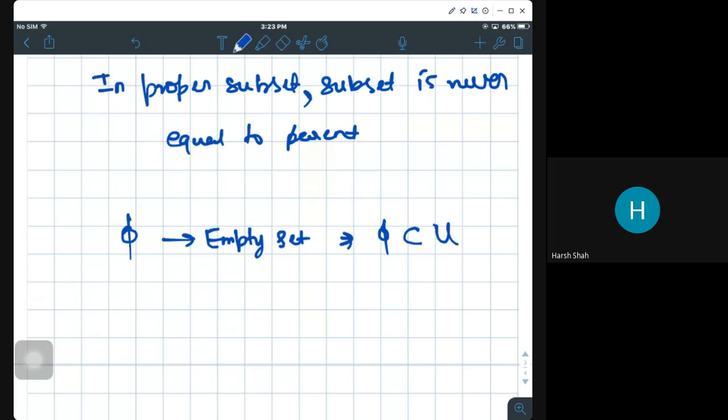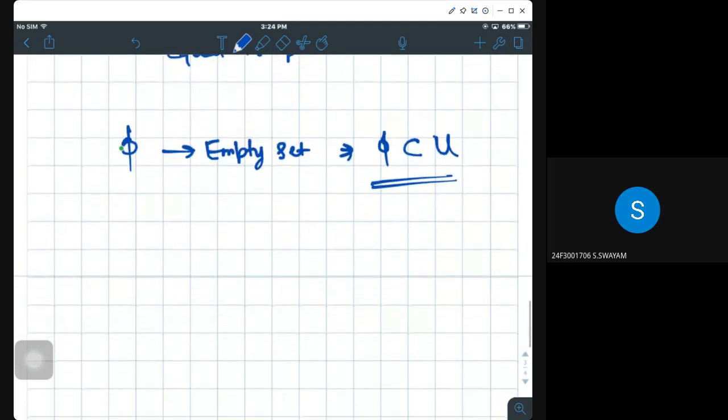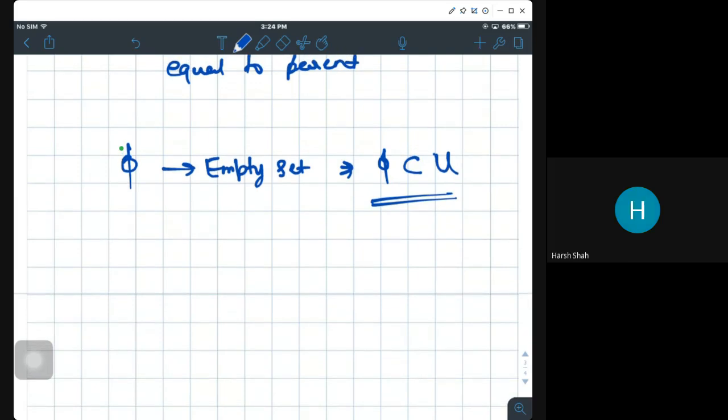No. Okay. Anyone who feels that yes, I can say that my empty set is a subset of the universal set? Yes. Okay. See, I'll tell you one thing.